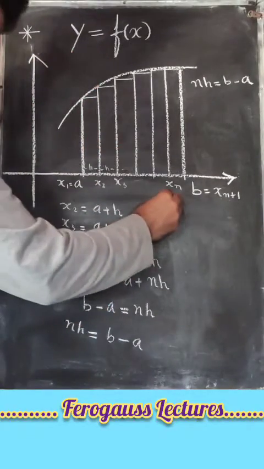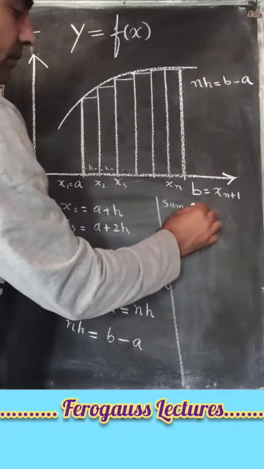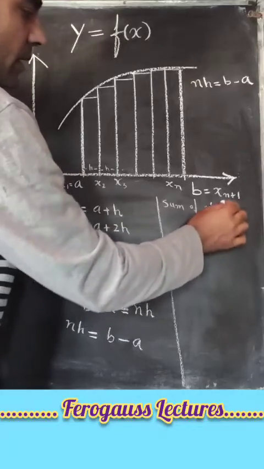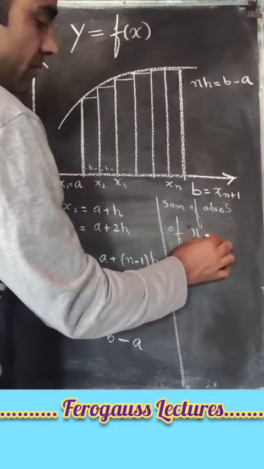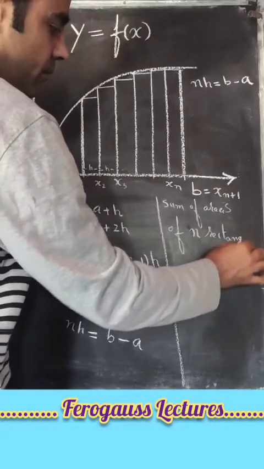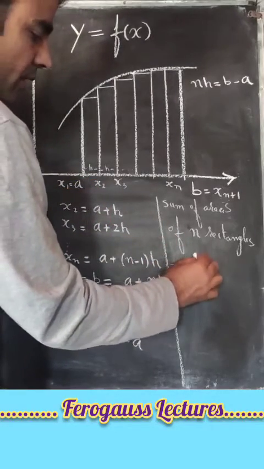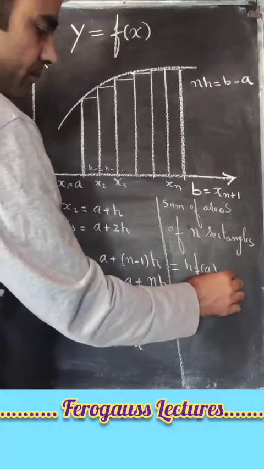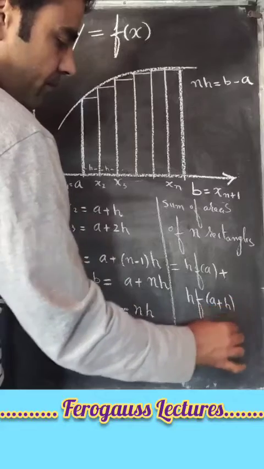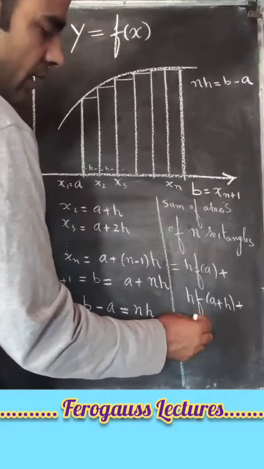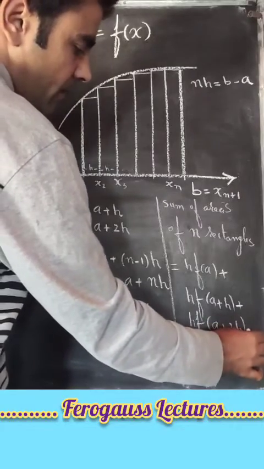So we can write sum of areas of n rectangles is equal to, area of first rectangle is h into f(a), plus area of second rectangle is h into f(a plus h), plus area of third rectangle is h into f(a plus 2h), plus and so on.